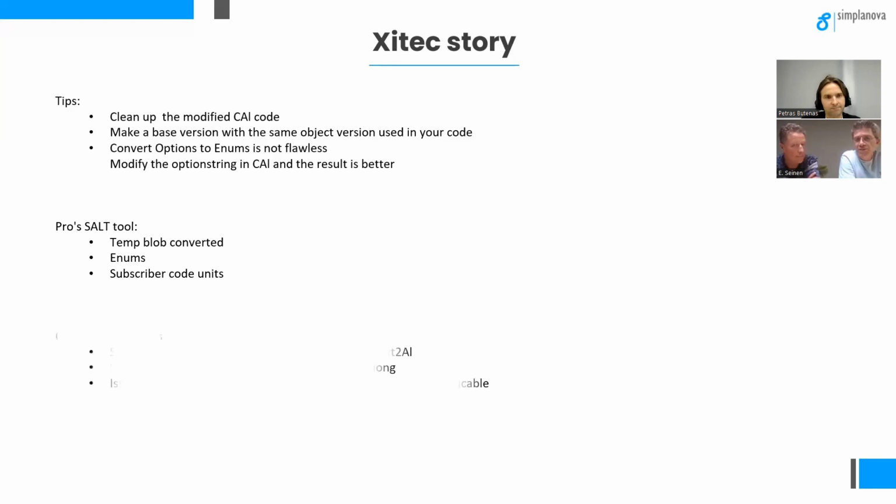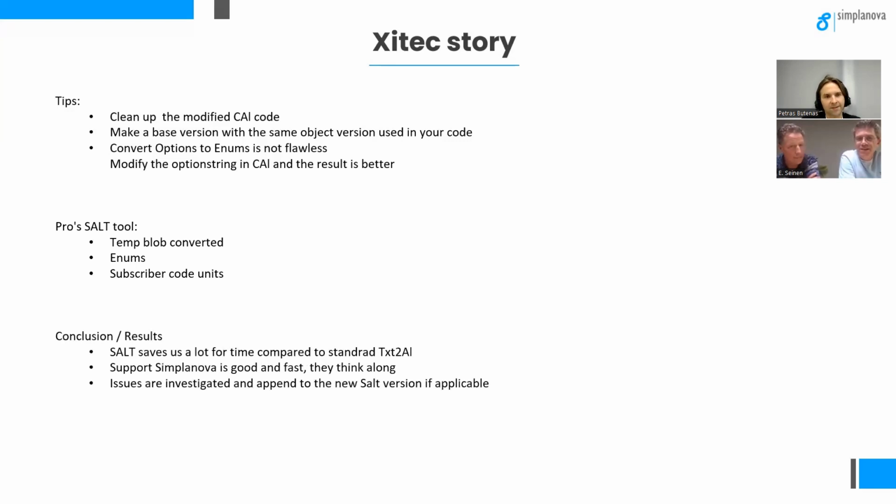Maybe the next. So when we look at the conversion at the stage we are now, Salt saves us a lot of time compared to the standard text-to-AL conversion. In the past months we have kept contact with Simplanova, and I must say they are really fast and give good answers, and they think along.